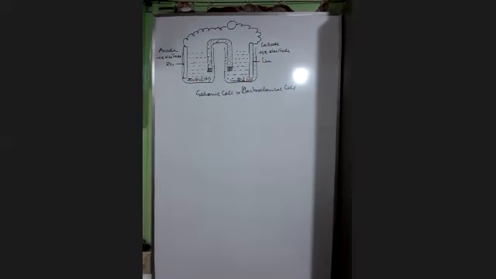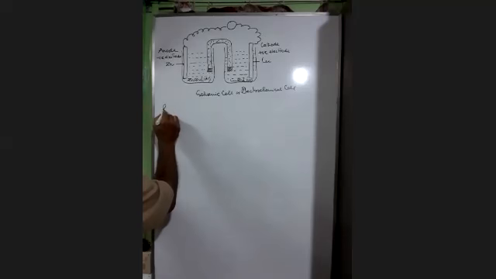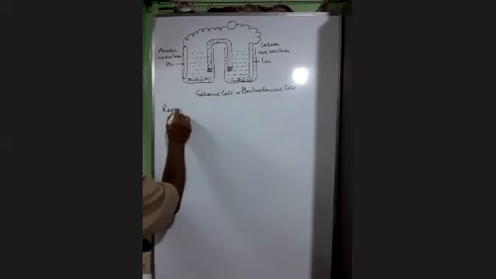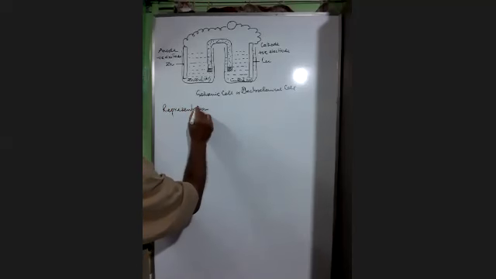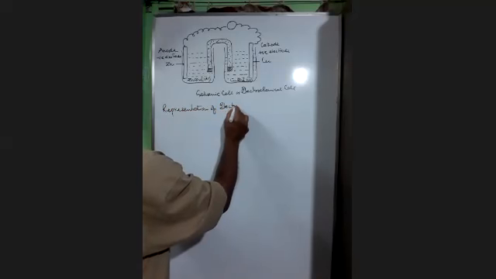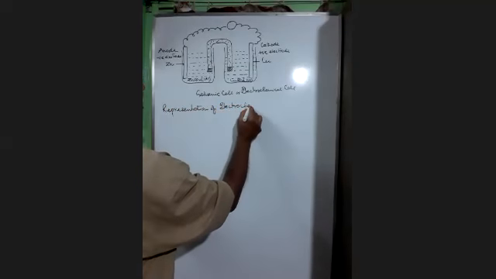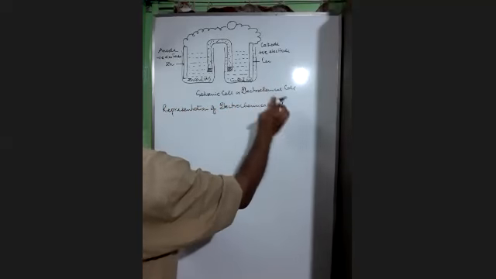Okay, so when you talk about the electrochemical cell, every time it's not possible for us to draw it. Then how to represent an electrochemical cell? Representation of electrochemical cell.